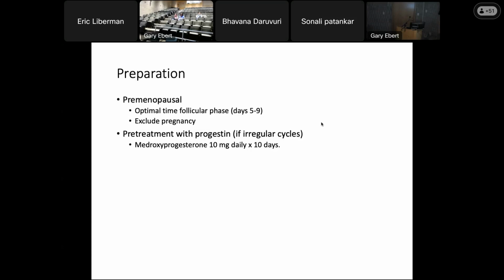Oftentimes, patients with abnormal uterine bleeding have irregular cycles, and therefore you won't be able to plan the hysteroscopy to be within days 5 to 9. In those cases, I usually give medroxyprogesterone 10 milligrams for 10 days, let them have a withdrawal bleed, and then do it, usually day 5 after the withdrawal bleed.